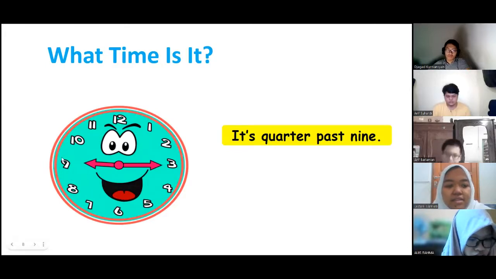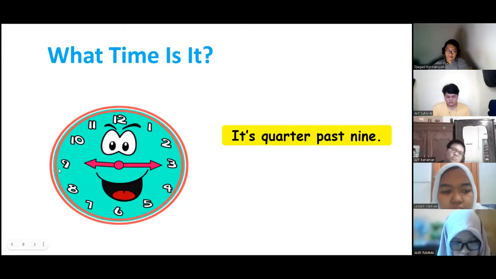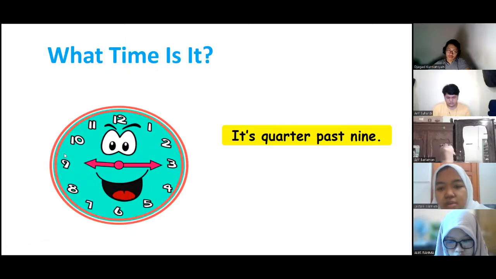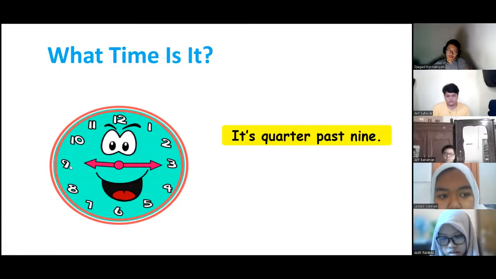Or if it's 9:45, you can say it's quarter to something. The number after it. Jam 9 kurang 15, you can say quarter to 9.